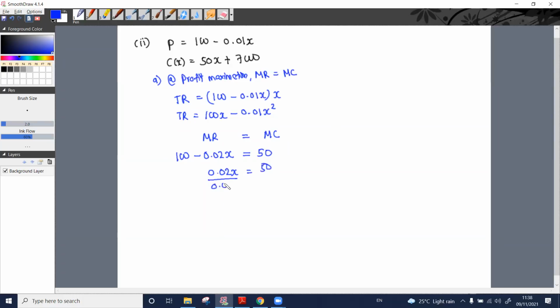Divide both sides by 0.02. Therefore, x equals what? X equals 2,500.